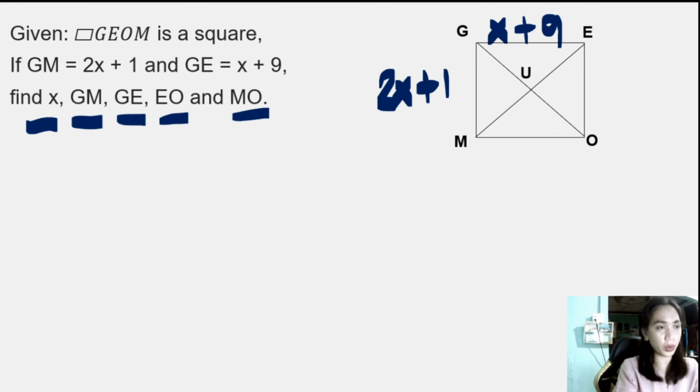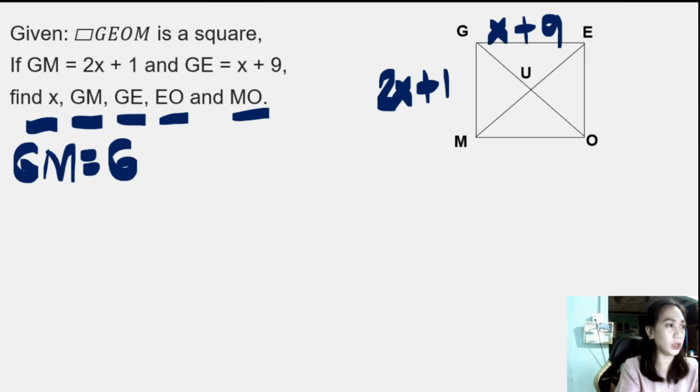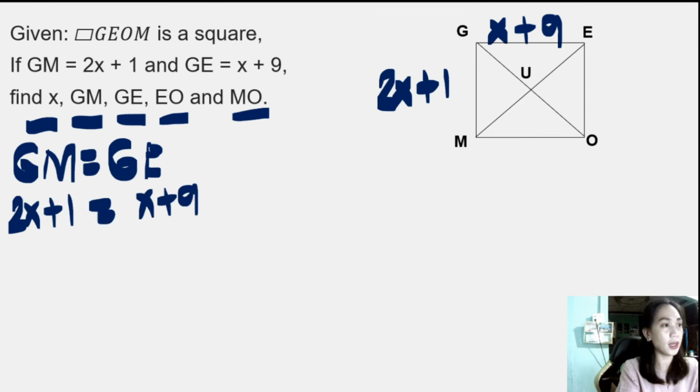First, we are going to solve for the value of x. We equate GM to GE, since all sides of the square are congruent. So, GM is 2x plus 1 and GE is x plus 9.